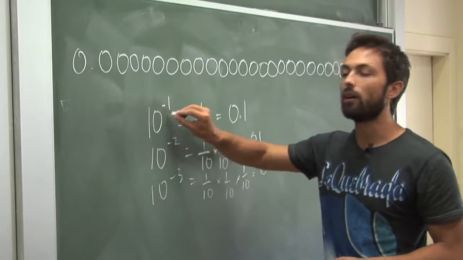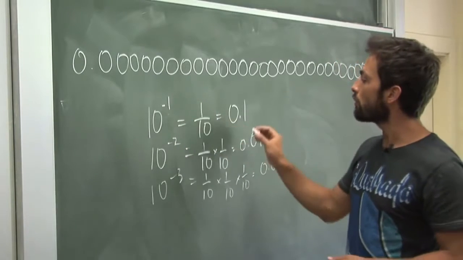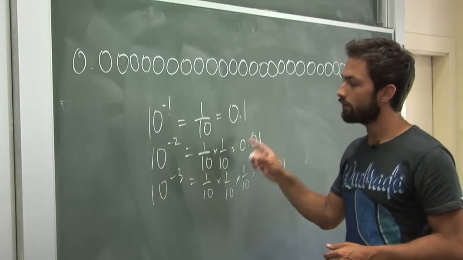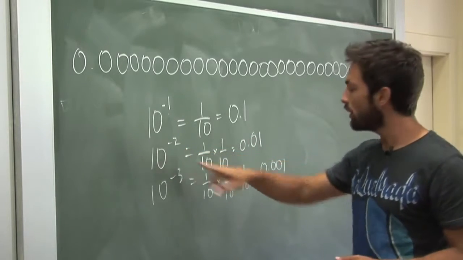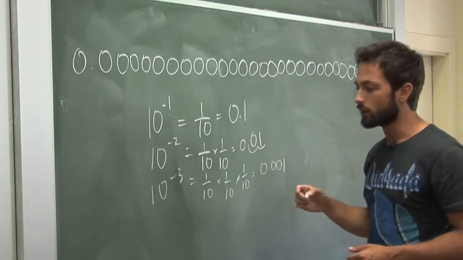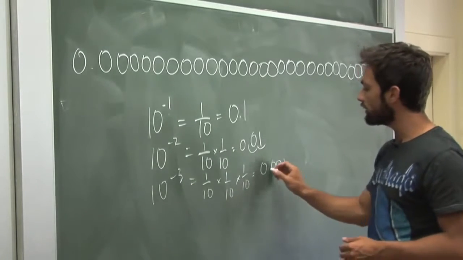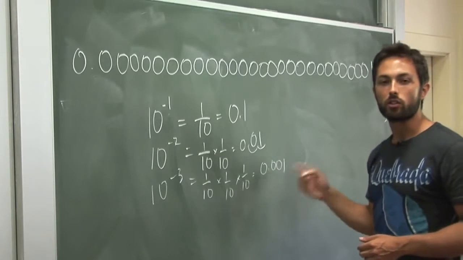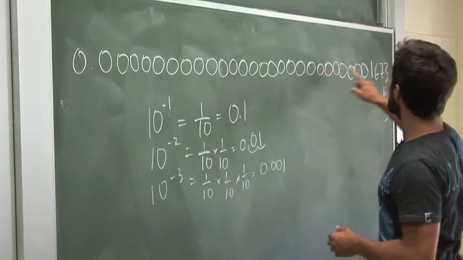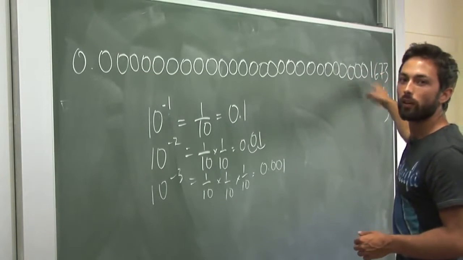The exponent here tells you the number of places to the right of the decimal that the 1 is. So in this case, 10 to the minus 2, the 1 is 2 places to the right of the decimal. Here, 10 to the minus 3, the 1 is 3 places to the right of the decimal. So in this case, I have a 1 that is actually 27 places to the right of the decimal.